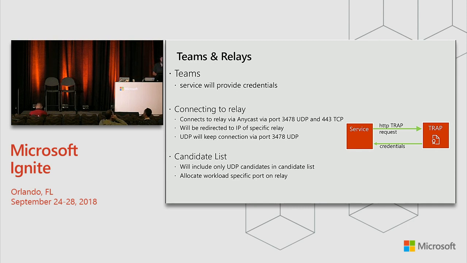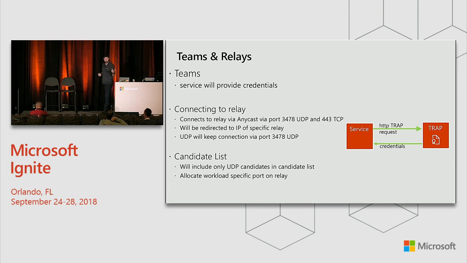When you connect to a relay, you connect to either 3478 or 443, and from there, you'll be redirected to the actual IP, the actual transport relay that you'll be using to get a consistent connectivity. You will keep a connection over 3478, and during the setup of calls, you might get additional ports for additional media.